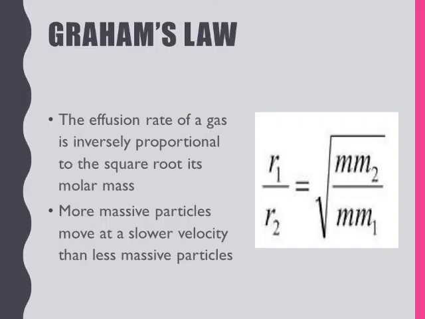Graham's law is the diffusion rate of a gas is inversely proportional to the square root of its molar mass. More massive particles move at a slower velocity than less massive particles. So the formula for Graham's law is R1 over R2 is equal to the square root of molar mass 2 divided by molar mass 1.